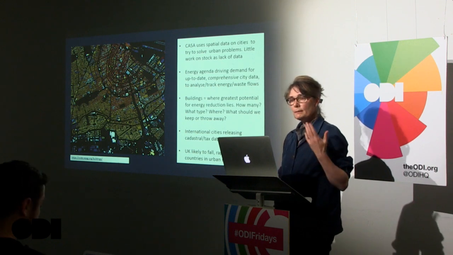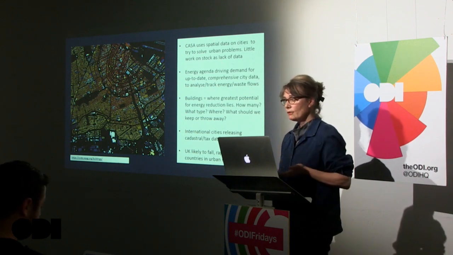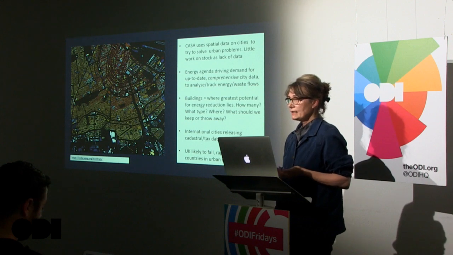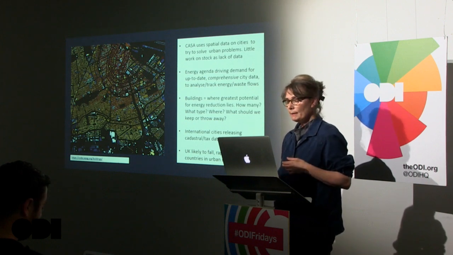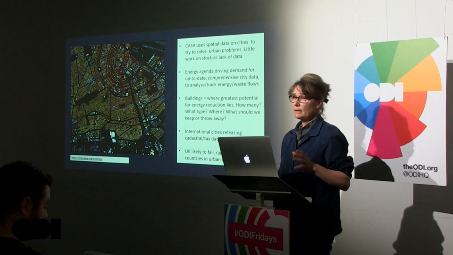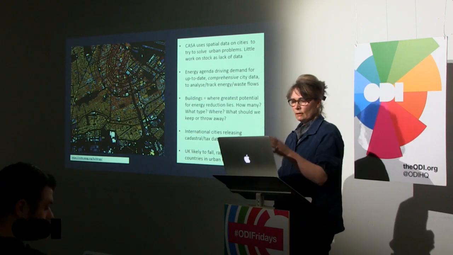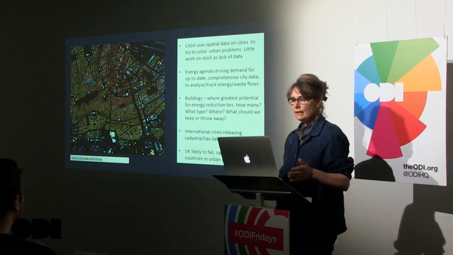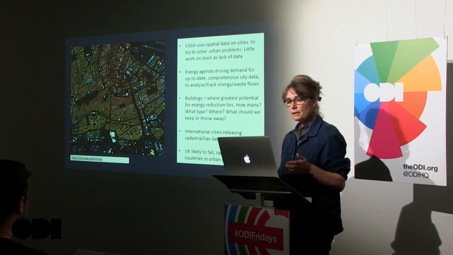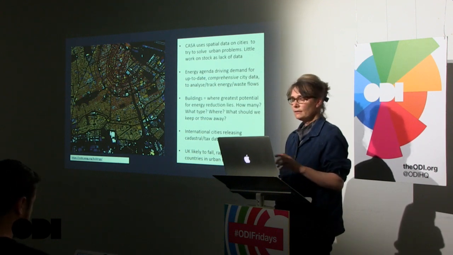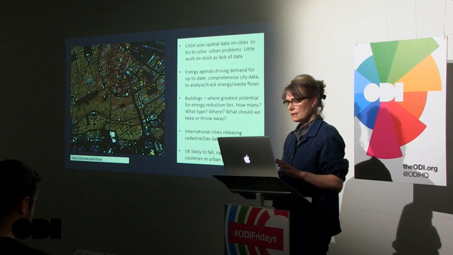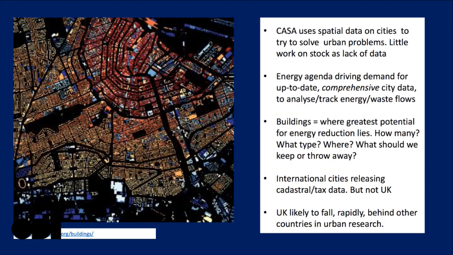At the same time, cities internationally are releasing property tax data and cadastral data, and this has been really happening since 2013. On the image, you see a visualisation by Bert Spahn for Amsterdam, and there are many of these for the US cities as well. But data on the building stock at this level is not released in the UK.